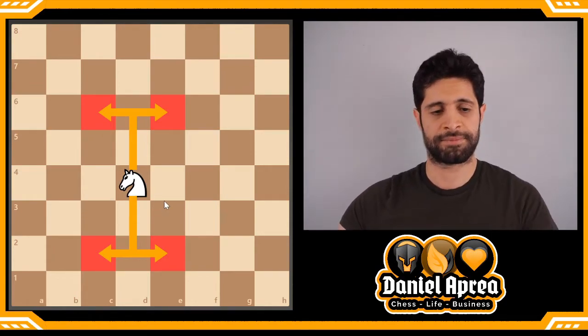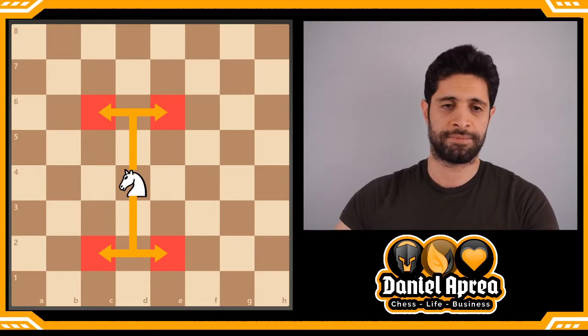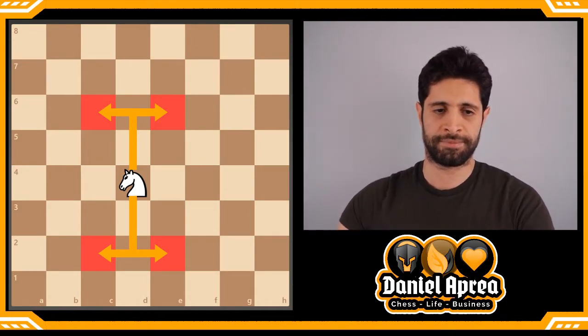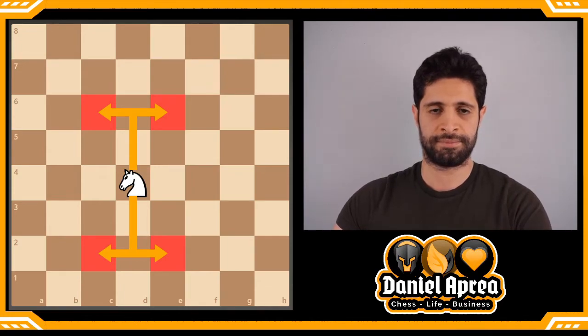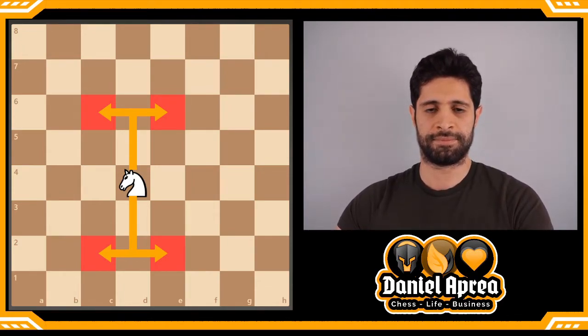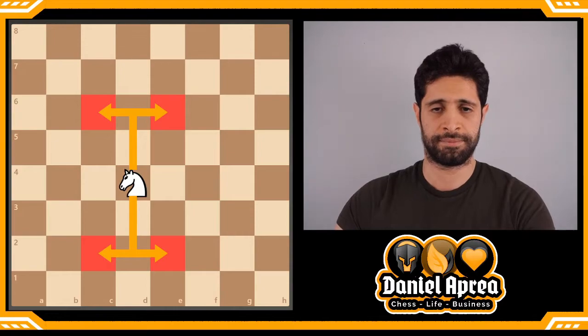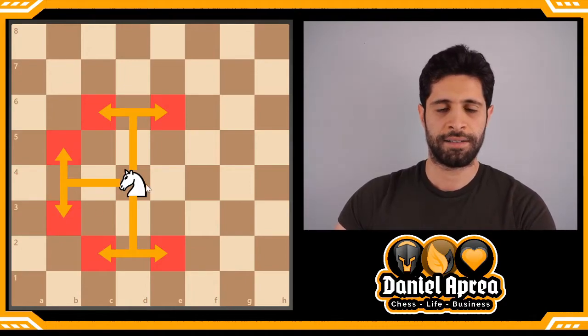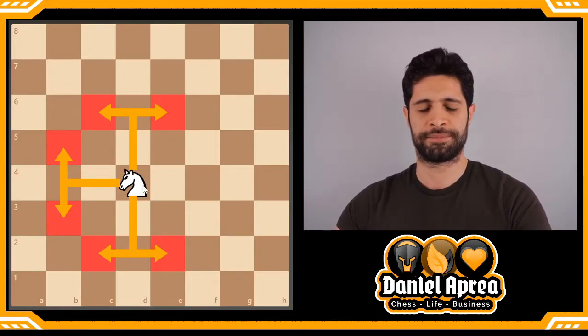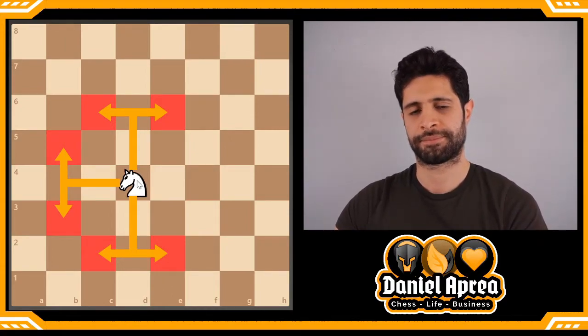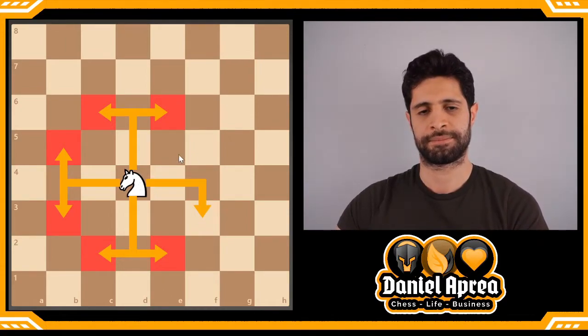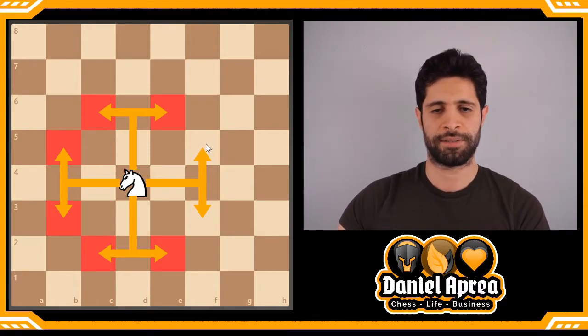So it moves 2 to the side, and it goes to B, and then it can go to B3 or B5, right? So B3 and B5, that's correct. And then on the other side, it moves 2, so it goes to F, and then again to F3 or F5. Very good.